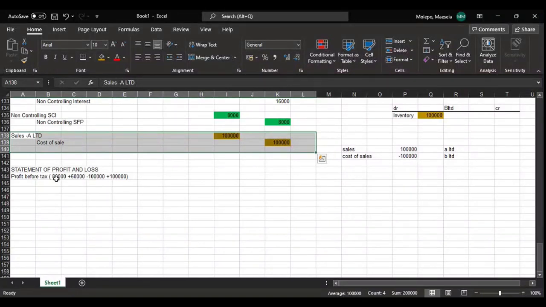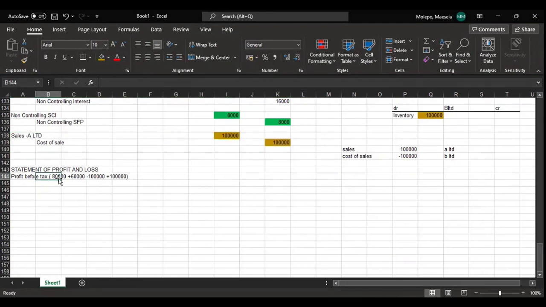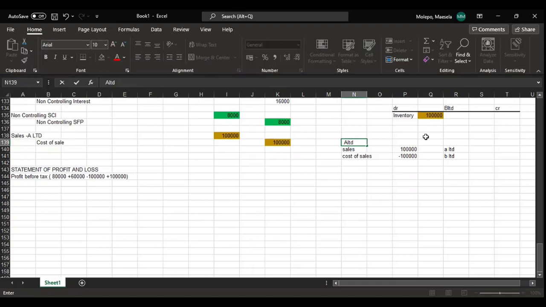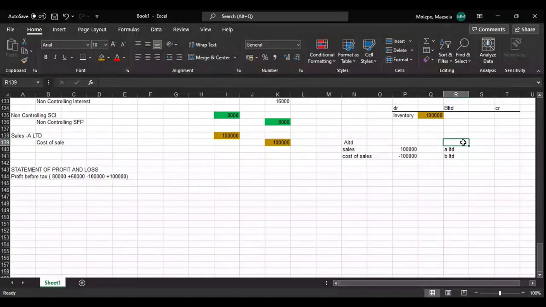Remember, when we calculated the 80,000 as a profit before tax, it took this into account somewhere. For example, let's say we are doing the books of A Limited here, and then here is B Limited.